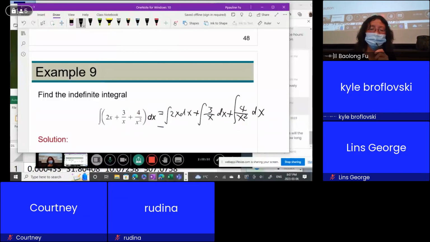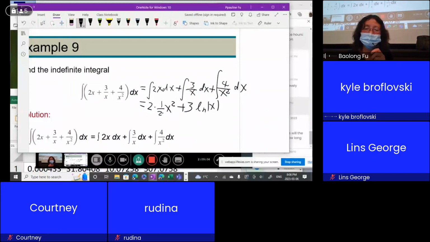Then 2 moves out, and the integral of x dx is 1 over 2 x squared. 3 moves out, and 1 over x is ln of the absolute value of x. Next, move 4 out, and 1 over x squared is the same as x to the negative 2.